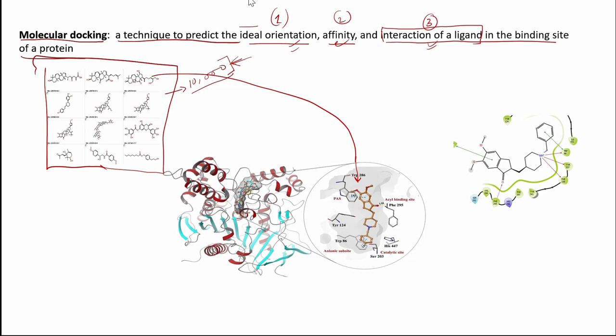So with this score, we can now calculate the score of all these ligands in the database. Okay, so we can list out all those molecules from the database which are having a similar score to the reference drug molecule or higher than the reference drug molecule.